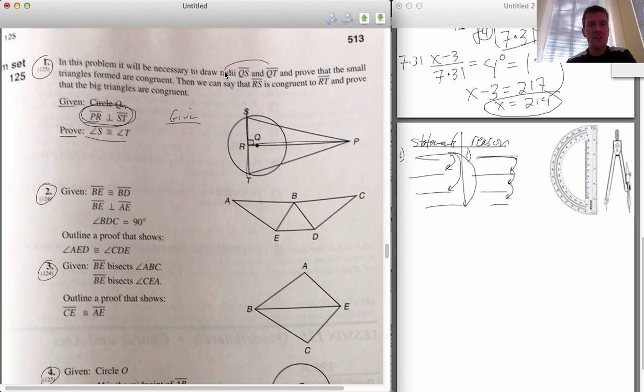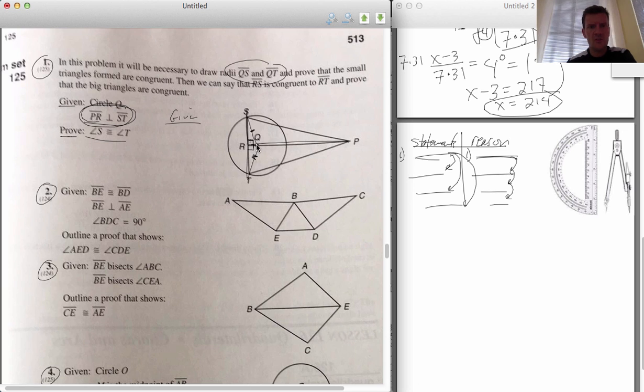Then it says you want to draw QS and QT, and now we can say that side QS and side QT are congruent because they're both radii. Radii are equal in length and therefore congruent. So now we've got sides that are congruent, we've got angles that are congruent, and we probably need another side.